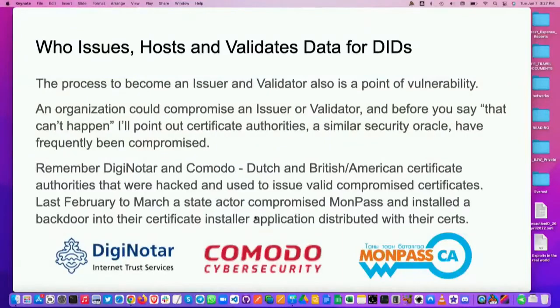Another systemic fragility is how they choose issuers, hosts, and validators. They've held up multiple times DNS issuers and certificate authorities as suitable types of individuals or organizations that can act as issuers or hosts or validators.